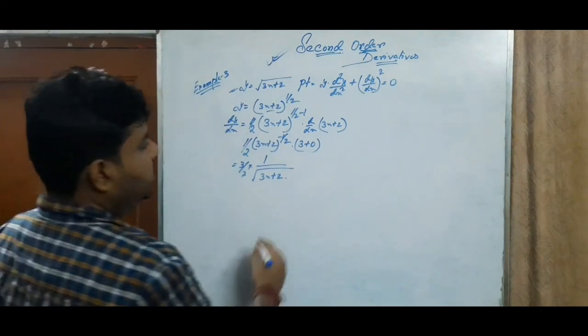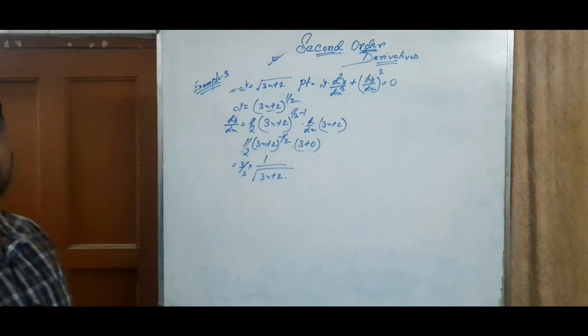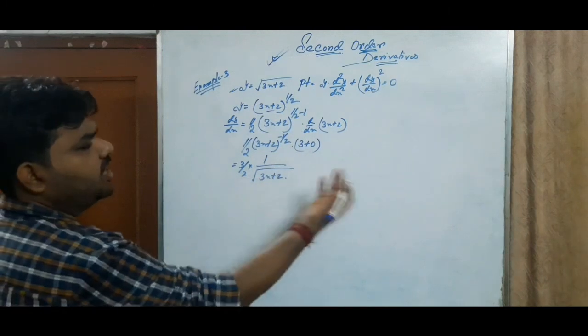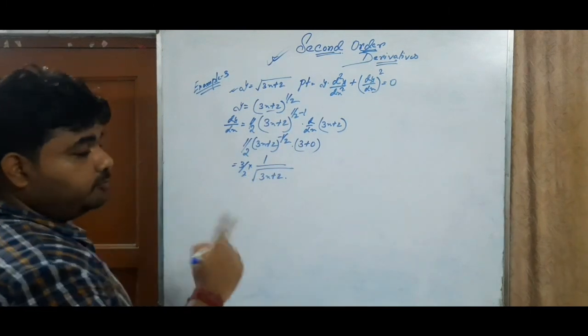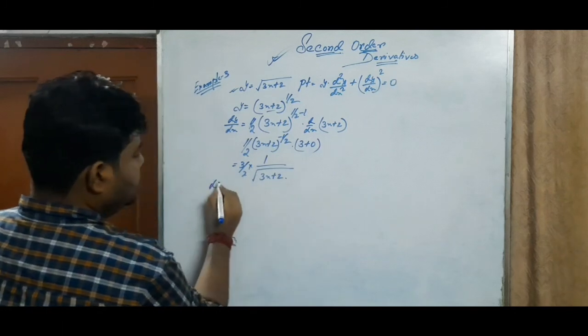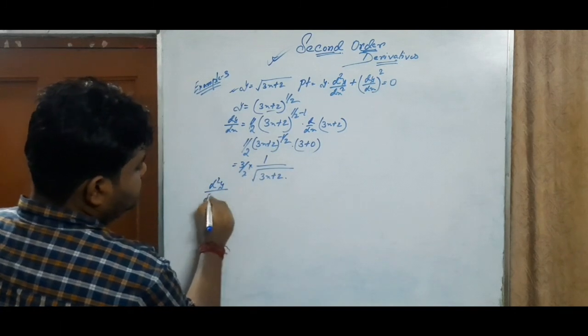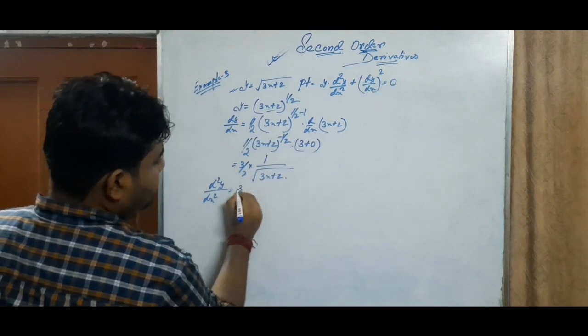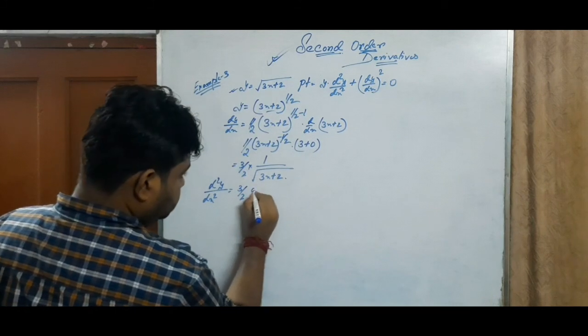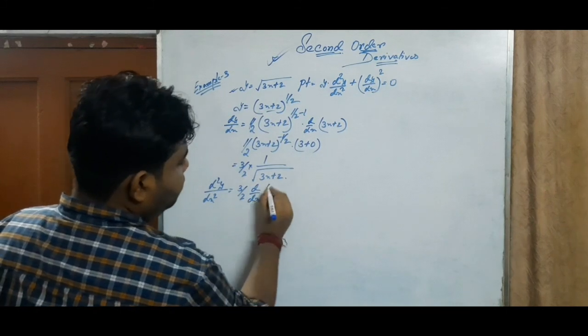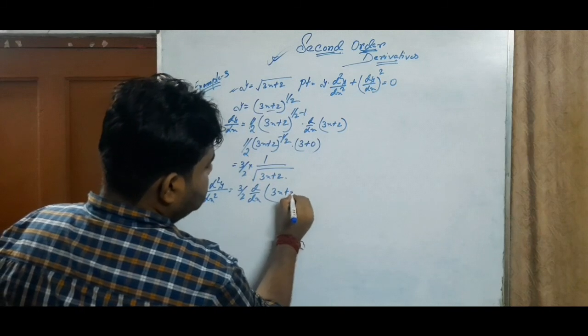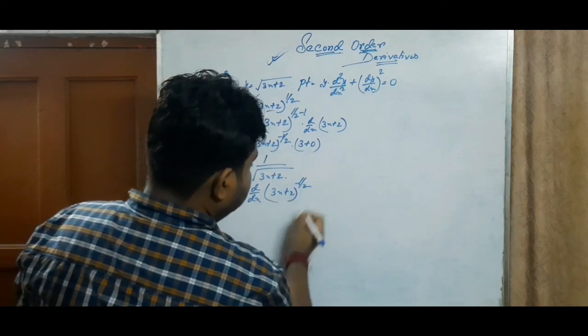Okay, now how will we find the second order derivative? Just by differentiating it again. This is the first method. That is d2y by dx2 will be 3 by 2 ddx of 3x plus 2 whole to the power minus half.